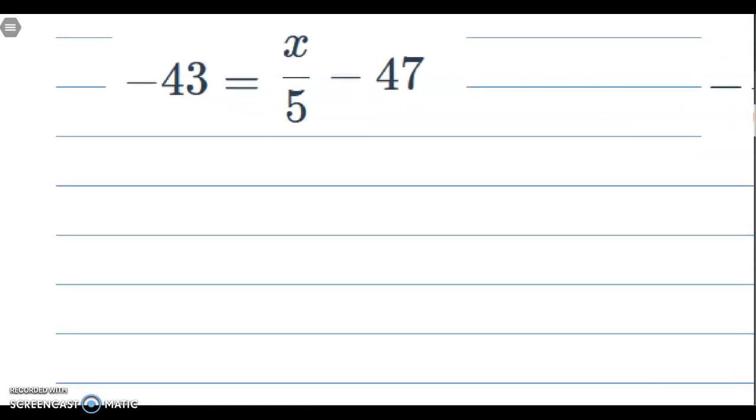Okay, first thing I'm gonna do is isolate this x over 5 by doing the opposite of minus 47. The opposite of minus 47 is adding 47. So I'm gonna add 47, but I'm gonna do it on both sides.